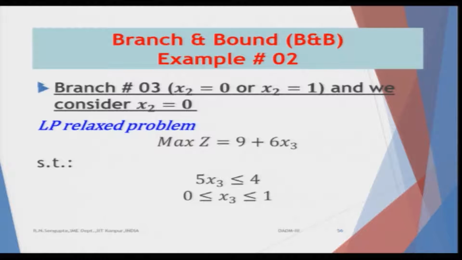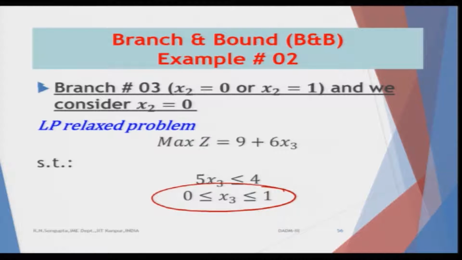You maximize 9 plus 6 x3, and the constraint is 5 x3 is less than or equal to 4, and x3, which was initially binary, has now been relaxed and is continuous between 0 and 1. That is why this is the relaxed stage, given by this constraint. So, we will use linear programming and solve the problem.